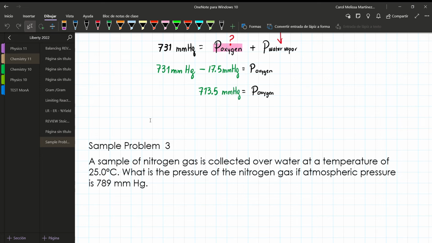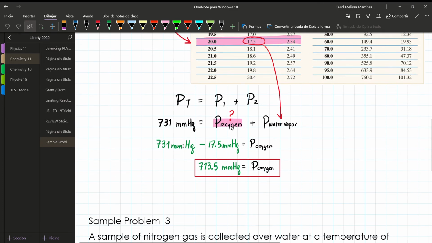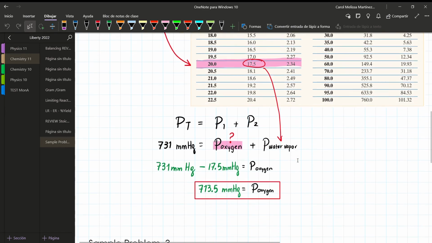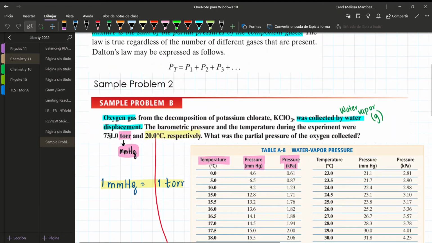What does the problem ask you to find? The partial pressure of oxygen, but in pascals? So you will have to convert, okay? So always read what the problem is asking you. In this case, in the question, it doesn't mention what units you need to give, okay? So you can leave your answer in millimeters of mercury or torr, because torr is the unit that is used in the problem.